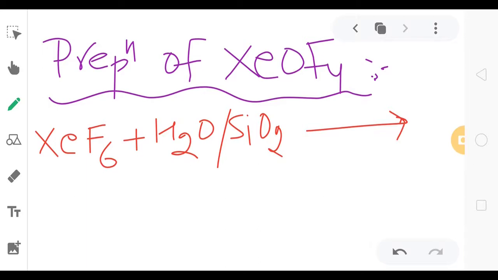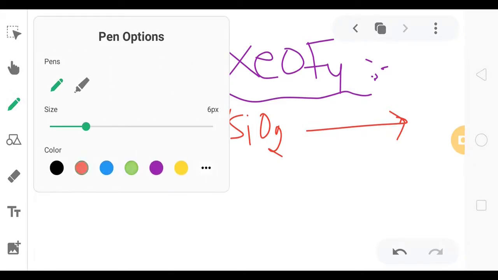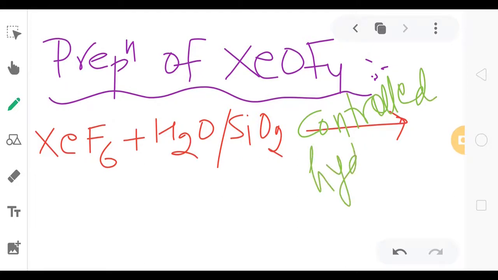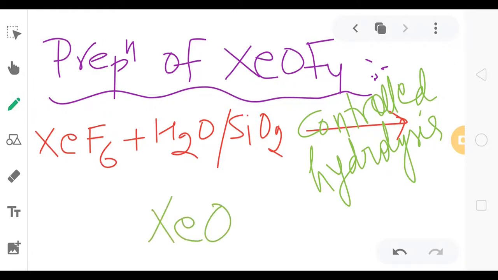It is a controlled hydrolysis, because we had also seen one hydrolysis where our final product was xenon trioxide, that was the complete hydrolysis. But here I am saying controlled hydrolysis. If we carry out controlled hydrolysis, then we will end up with a new compound, that is XeOF4.